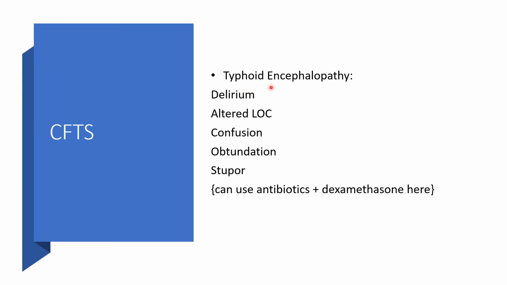And maybe typhoid encephalopathy, characterized with delirium, altered level of consciousness, confusion, obtundation, stupor. You can use strong or broad spectrum antibiotics here, and in addition to that, you add dexamethasone.